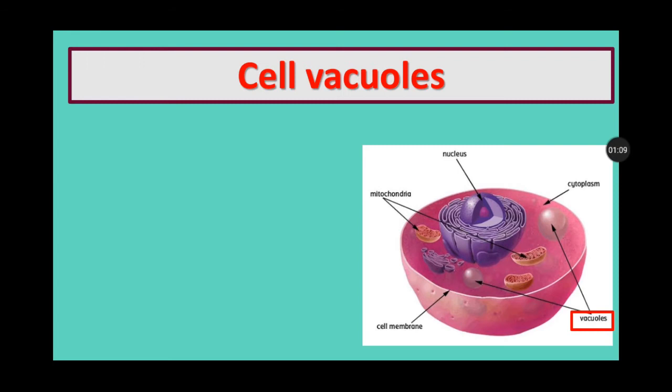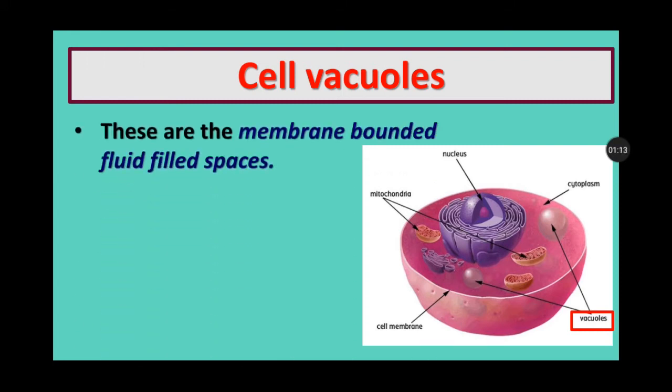The next organelle of an animal cell is cell vacuoles. These are small membrane-bounded fluid-filled spaces. As you can see in this picture, these two are the vacuoles. These are membrane-bounded entities, and these are fluid-filled spaces.